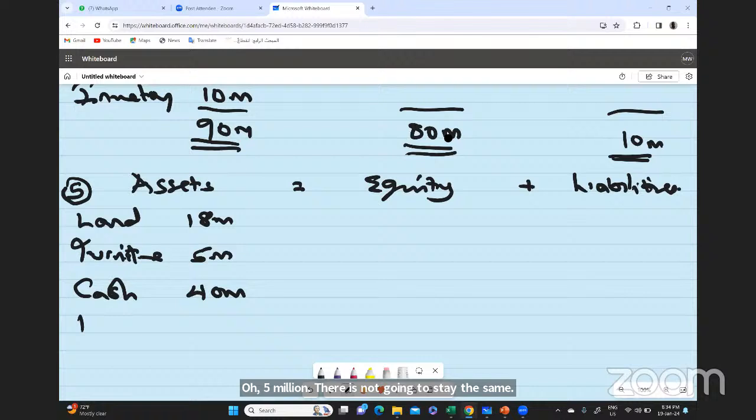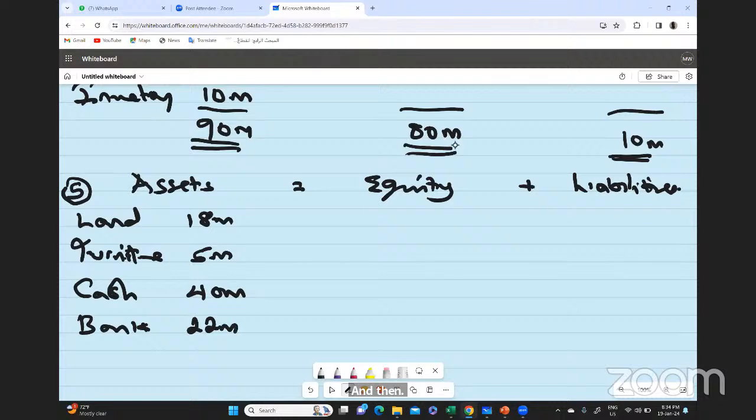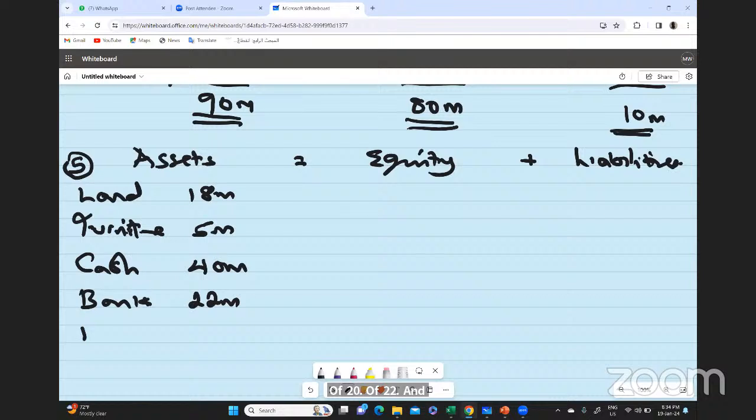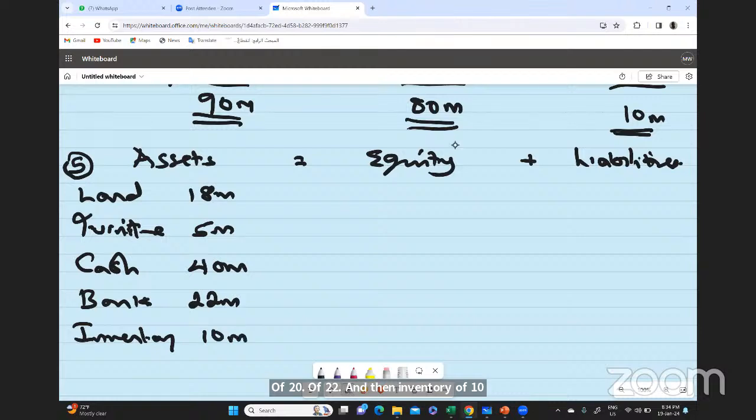And then bank of 20, of 22, not so? And then inventory of 10. Isn't it so? Has our capital changed? Our capital is still 80 what?